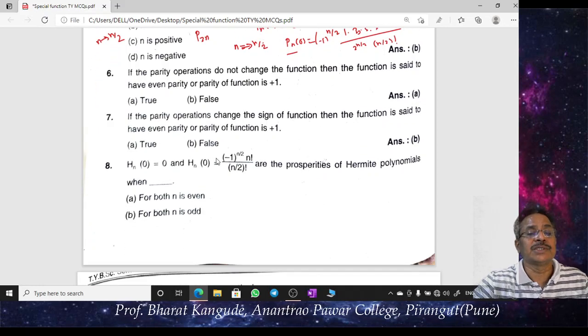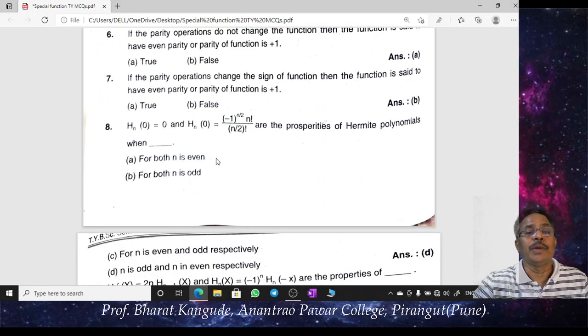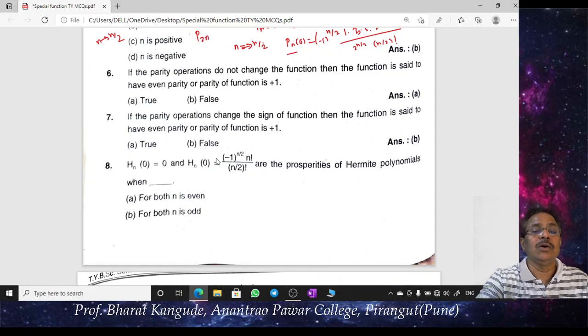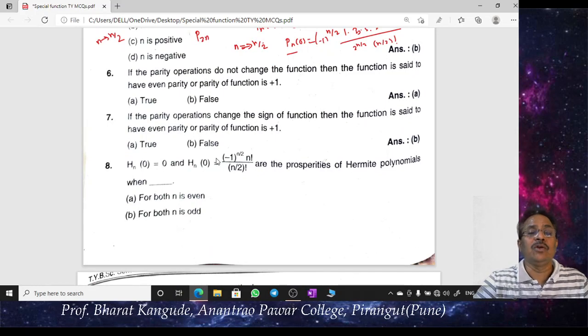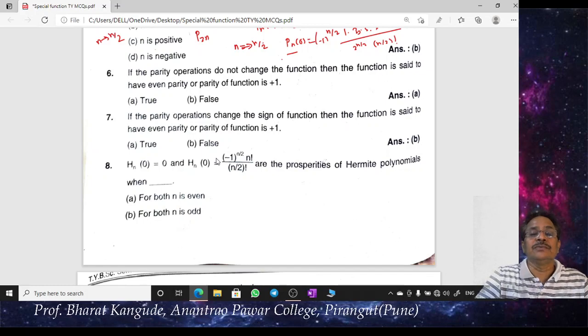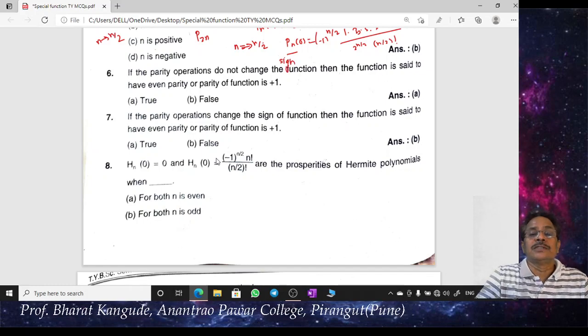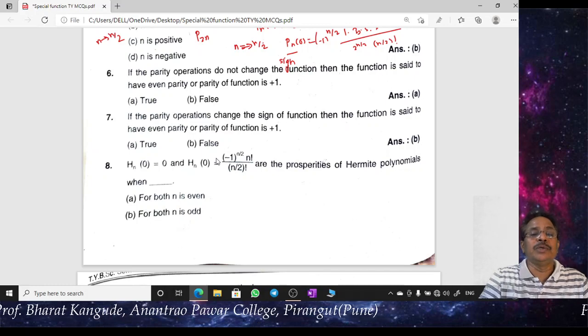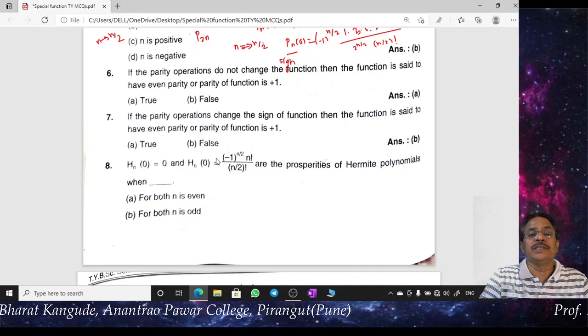Then question number 6: if the parity operations do not change the function, actually the sign of the function, then the function is said to have even parity, positive parity, or the parity of the function is said to be plus 1.